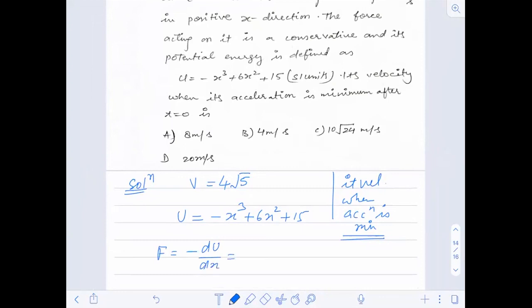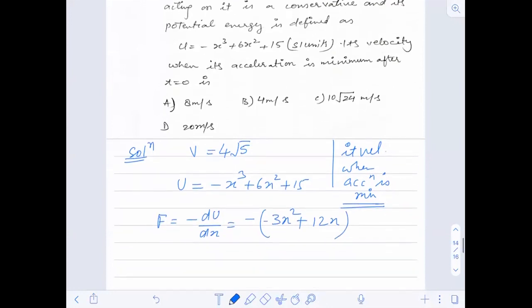If I differentiate this function, I get minus 3x square plus 12x. Now minus minus becomes plus, so the force value will become 3x square minus 12x.